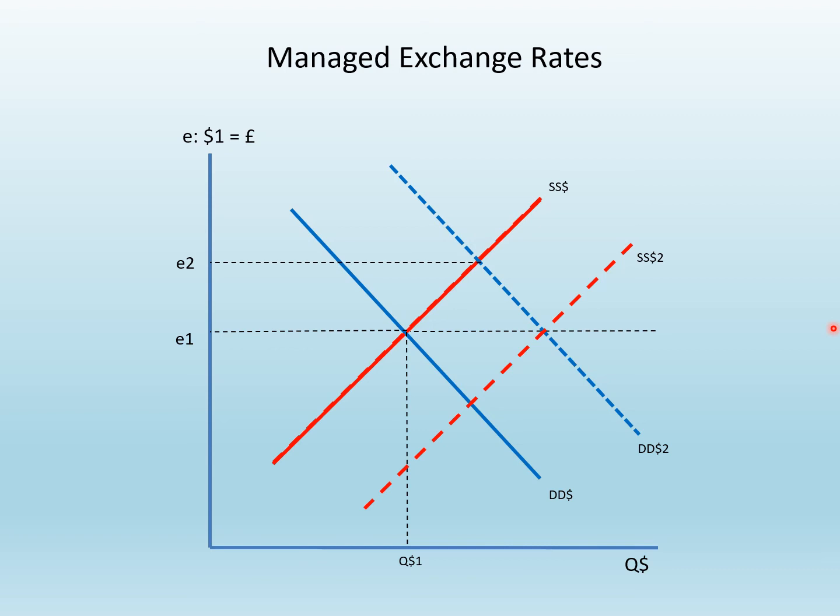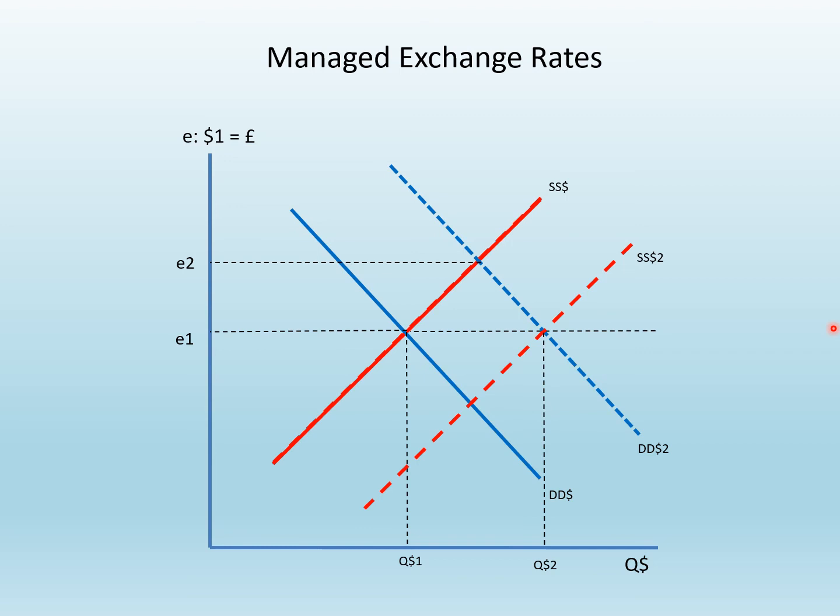That is a managed exchange rate. What you're doing here is you are using your reserves account to moderate the fluctuations in your currency. In this particular case, you're using the reserves account to keep your exchange rate entirely unchanged.